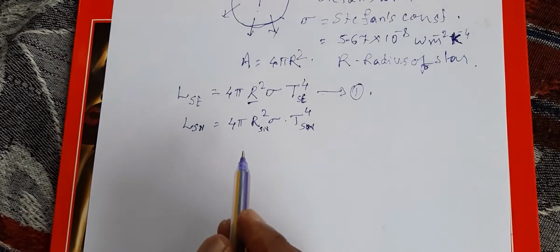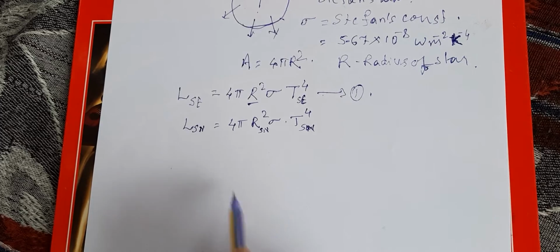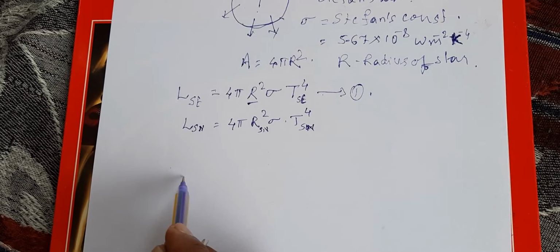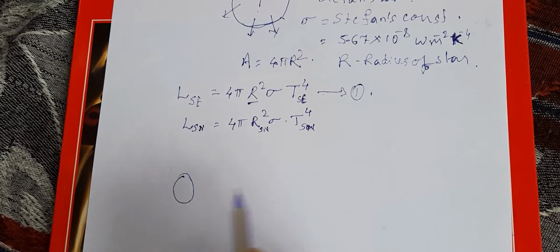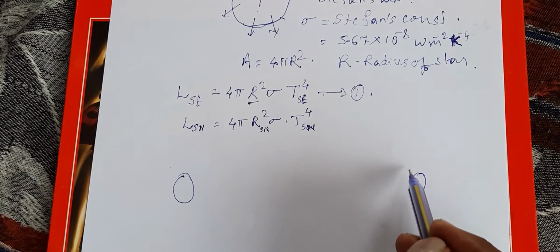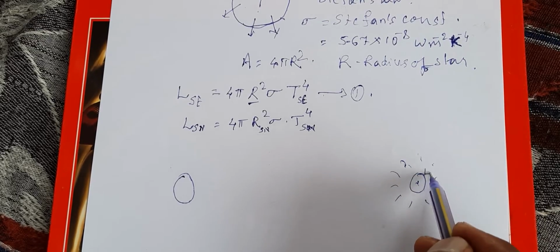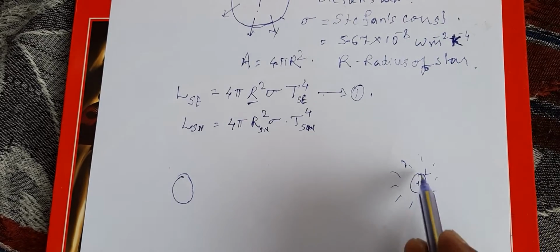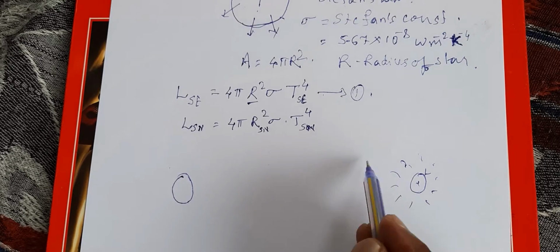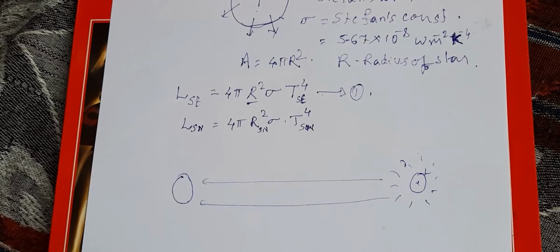what is the amount of radiation from the sun reaching the earth's surface? So the earth is here, say the sun is here, it is emitting radiation, its luminosity is here immediately after the sun, and this radiation is reaching the earth.